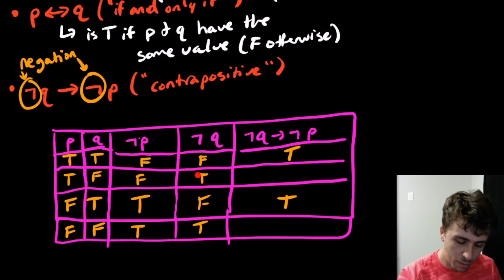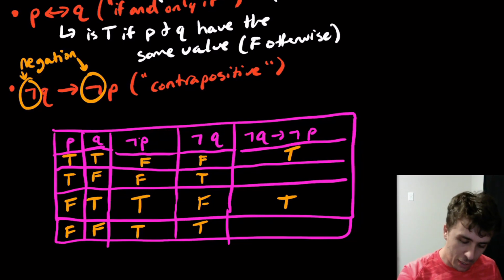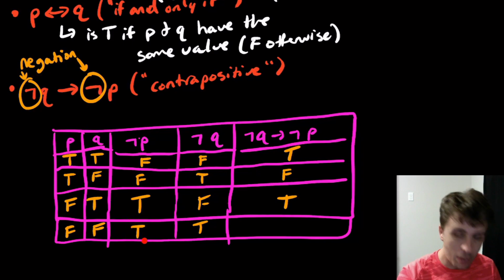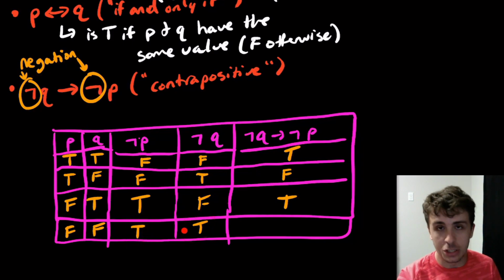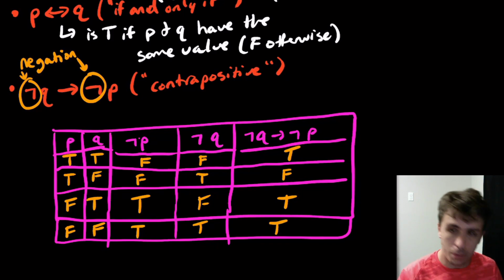Well, the left side of the implication is true. So the only thing that matters then is what is on the right side of the implication, which in this case is false. So we're going to put false here. And in this one down here, we're going to put true on the right side, again, because not Q, the thing on the left side, is true. So therefore, this one's going to be true.